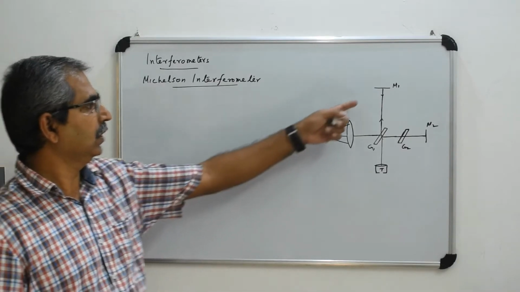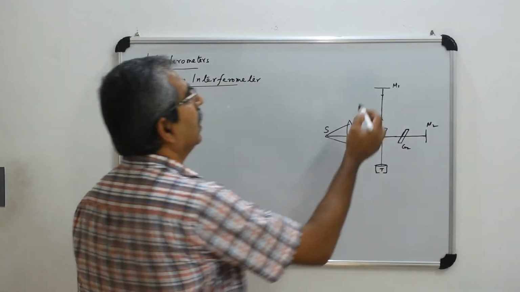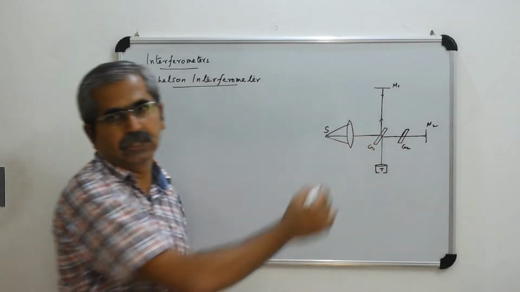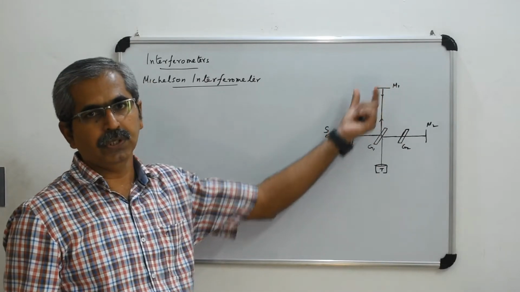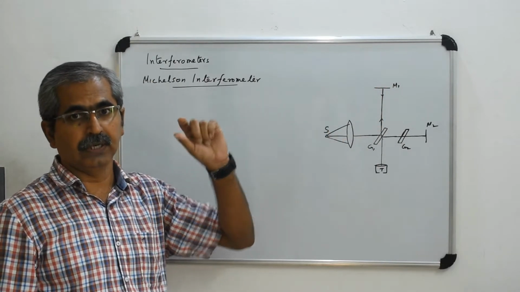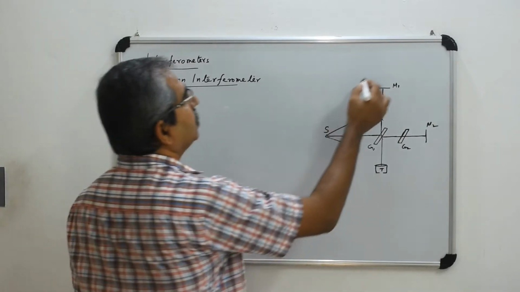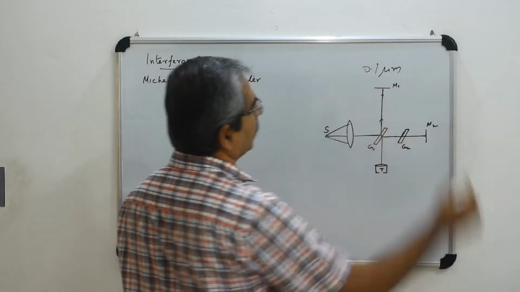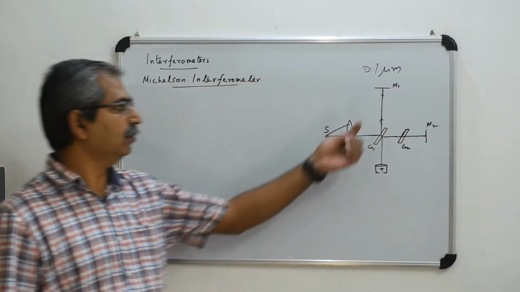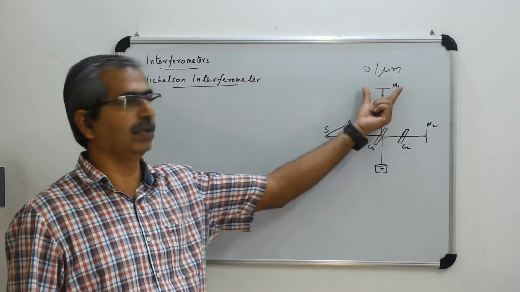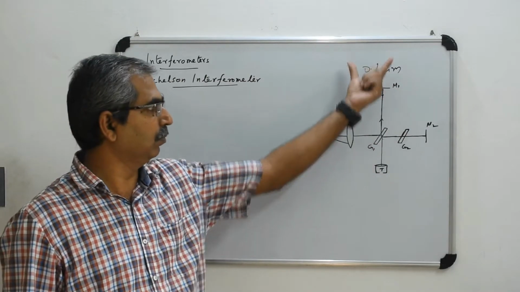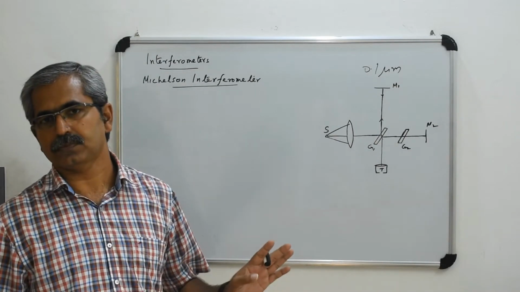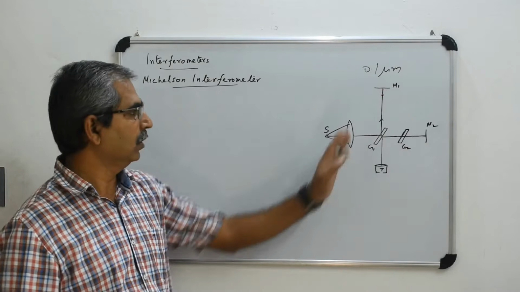So M1 can be moved along this particular direction, and the displacement of M1 can be measured up to an accuracy of 0.1 micrometer. That is the accuracy of measurement for the movement of the mirror M1, which can be moved up and down. And M2 is fixed.